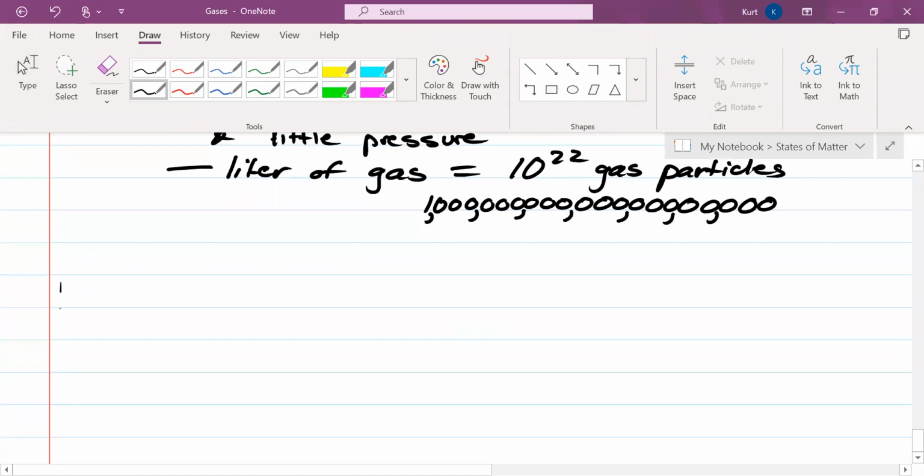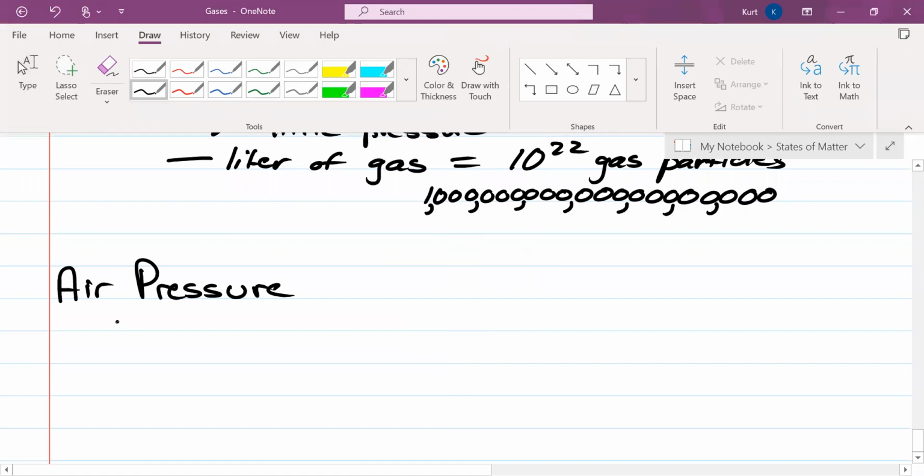So now let's move on to air pressure. We hear this in the meteorological sciences with the atmosphere. Earth is surrounded by an atmosphere. We all know that. And there are different layers of the atmosphere.